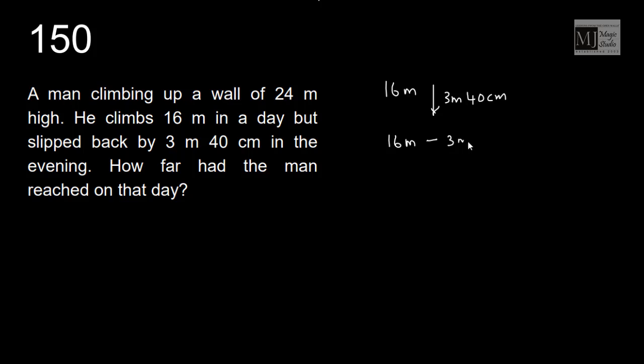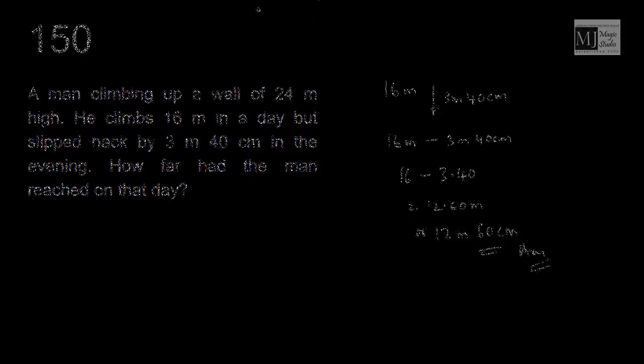That would be simply 16 meters deduct 3 meters 40 centimeters. And we know that 100 centimeters equals 1 meter. Therefore, simply 16 minus 3.40, that is 12.60 meters, or the answer would be 12 meters 60 centimeters.